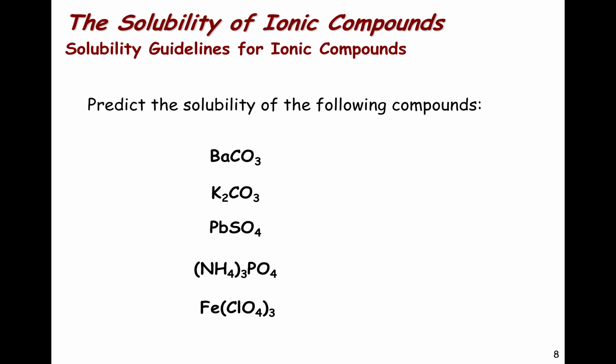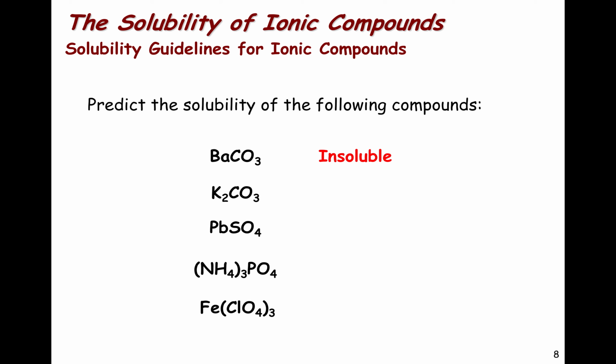Once you have committed the solubility rules to memory, you should be able to predict whether or not various compounds are soluble or not. For example, in our first case here, we have barium carbonate. Hopefully you remember that most carbonates are insoluble. Barium is not an exception to that rule, and therefore we would expect barium carbonate to be insoluble.